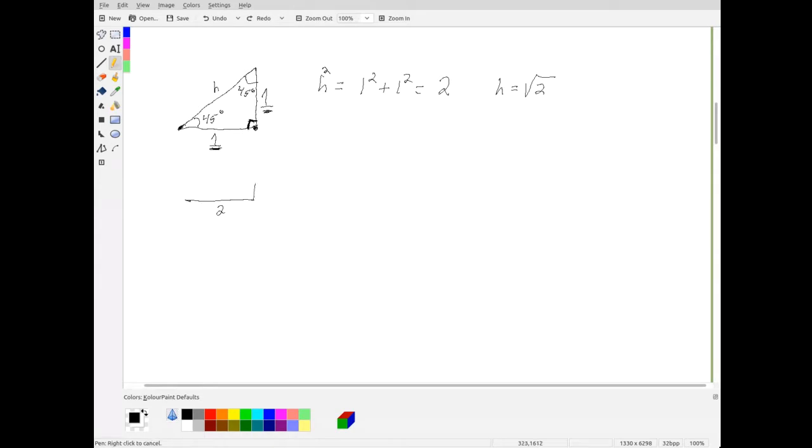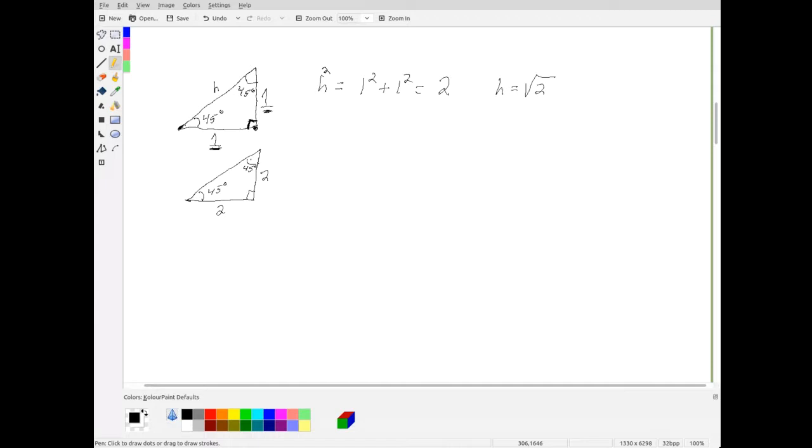I'm just saying here's a triangle with units of 2 and 2. This is still a triangle with 45 degrees here, 45 degrees here, and 90 degrees there.